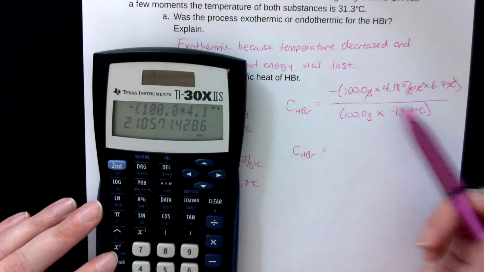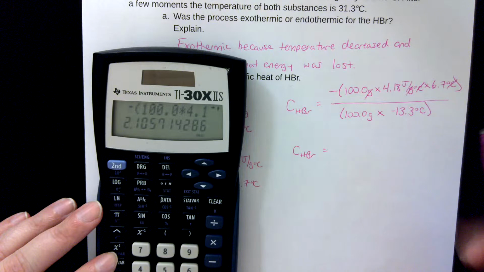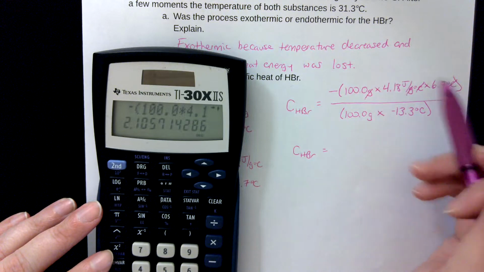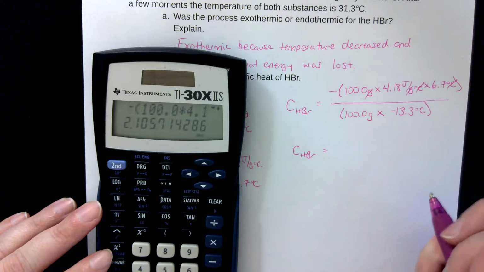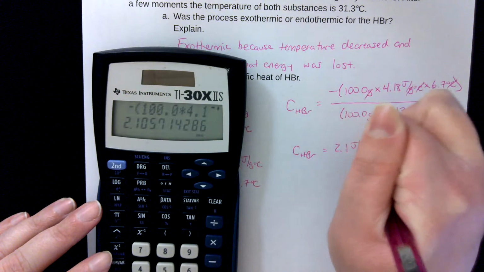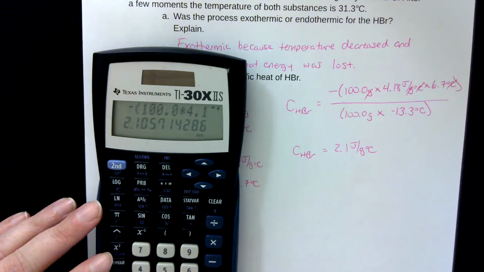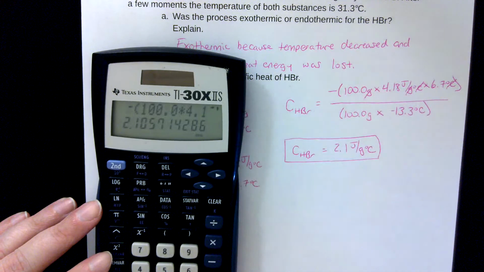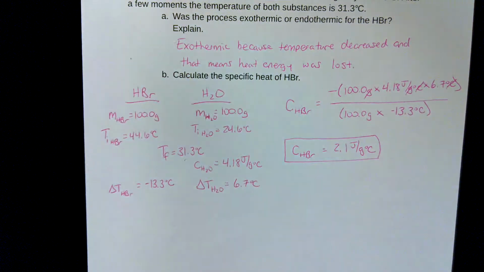And if we look at our sig figs, we want to go with the smallest number of sig figs since we are multiplying and dividing. So that looks like 2 based upon the 6.7. So 2.1 joules per gram degrees Celsius will be our final answer as the specific heat of HBr.